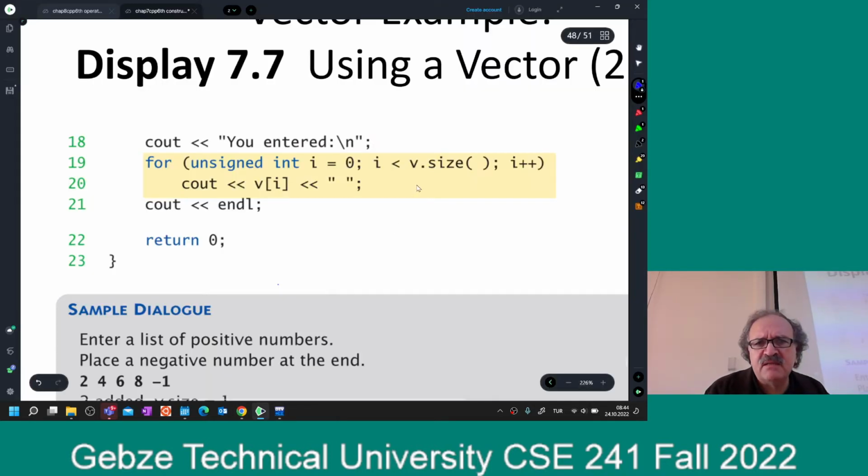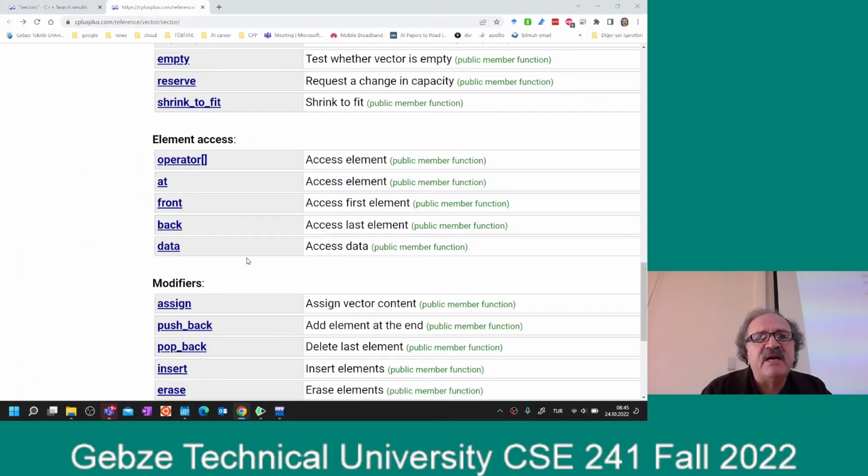Didn't we say that? So why do we need at? Ask your question louder so that everybody can hear it. Why do we need this at operator if we have this, like an array? The question is, why do we need this at operator if it is going to access the element?